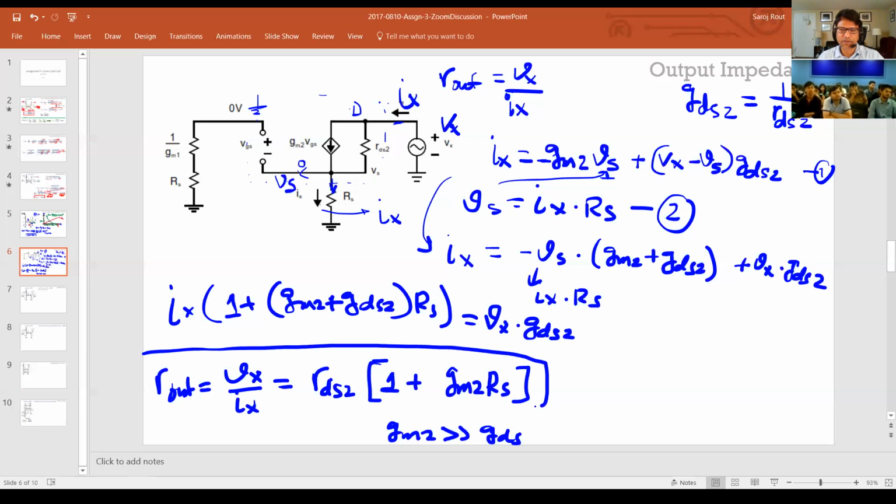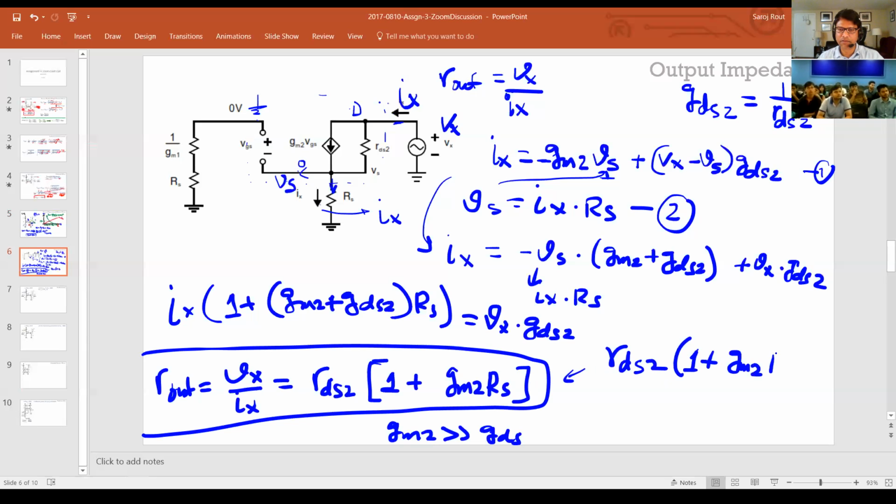So that's your expression for your output impedance. You can see that the output impedance for a simple current mirror used to be just RDS2, right? Now it's RDS2 plus this gain term, which I call the self-gain term. So this is that extra boost which gives you that.